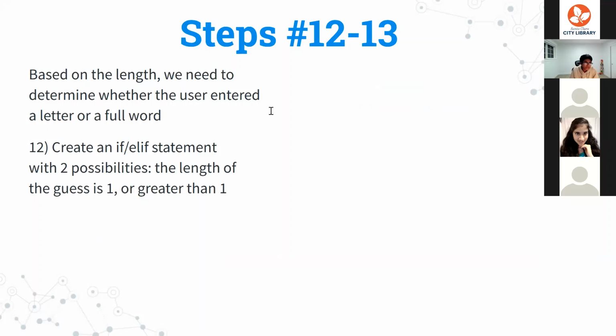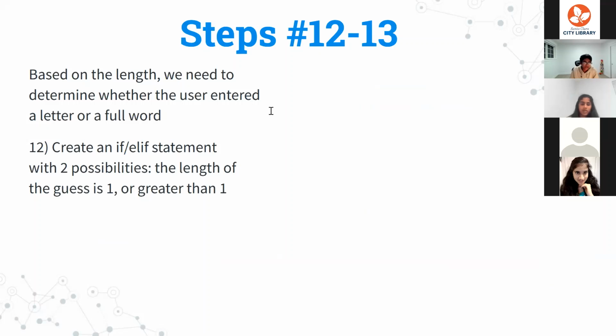Okay, step 12 is related to finding the length of your guess so we can differentiate between guesses with multiple letters or just one. We're going to do that by using an if statement and then an elif statement right after. The answer should be up now.